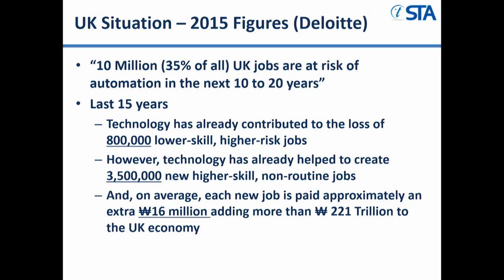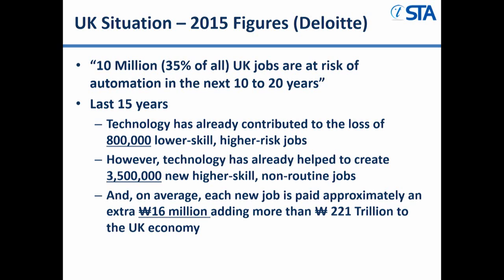And the 800,000 jobs we lost are low skill or high risk jobs. So they're the sort of jobs that ideally we want to lose. If we can move the people into these other jobs, which are higher skill, non-routine, then that's got to be better, because it's going to be more interesting for them and they're going to be happier.